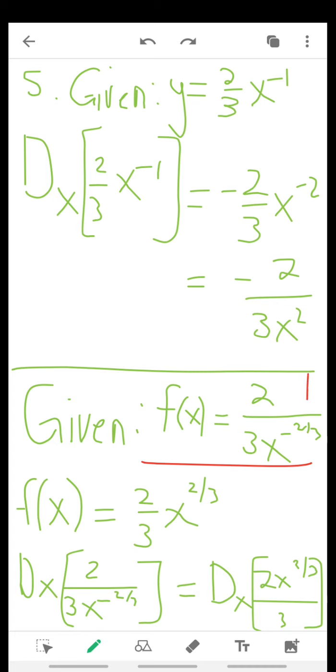And we now have 2 over 3 times x to the power 2 over 3. So now, how do I find the derivative? Using the fifth notation, dx means put the function next to dx and then start deriving. So here I haven't derived, I was just writing it in this manner.